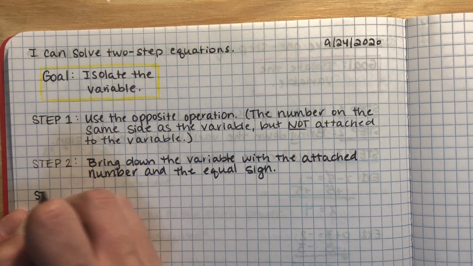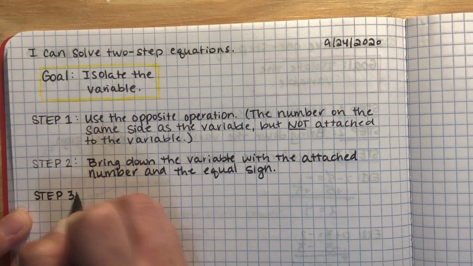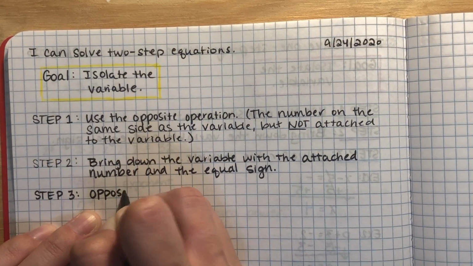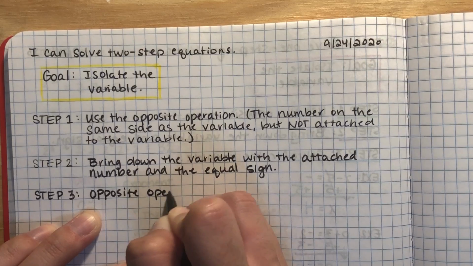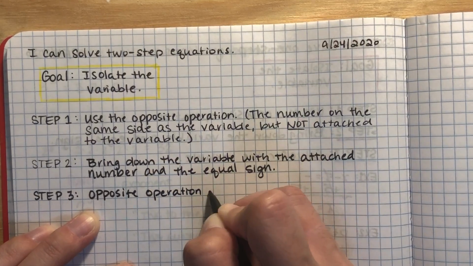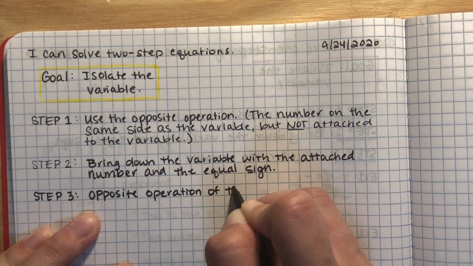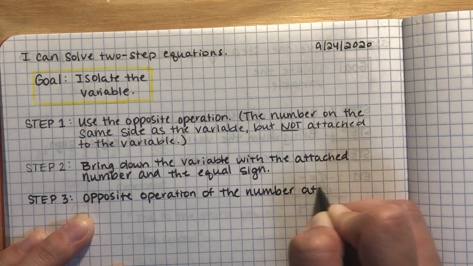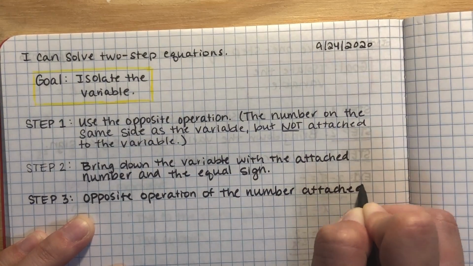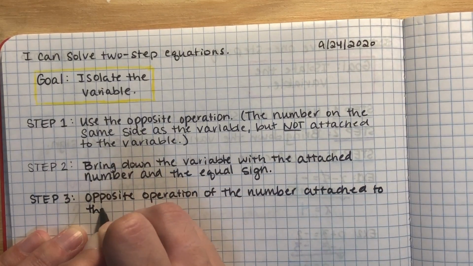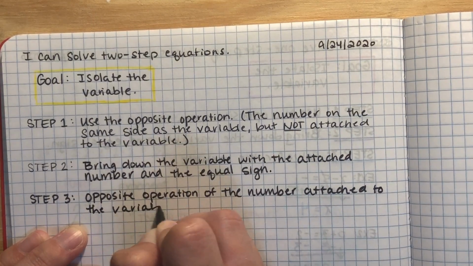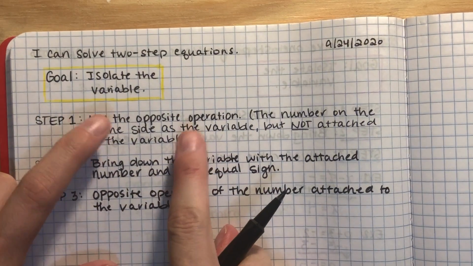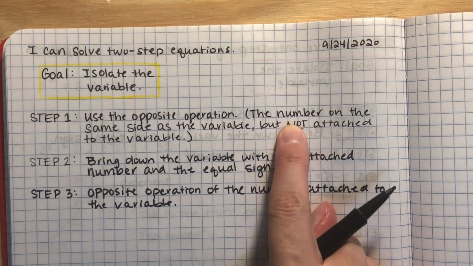For step three, you're again going to do the opposite operation of the number attached to the variable. So notice step one is basically a one-step equation where we just have to use the opposite operation.